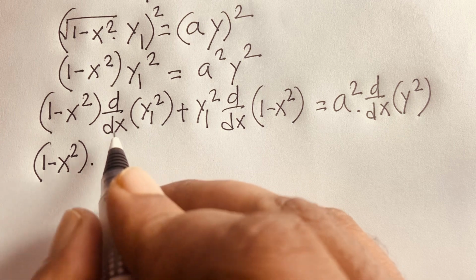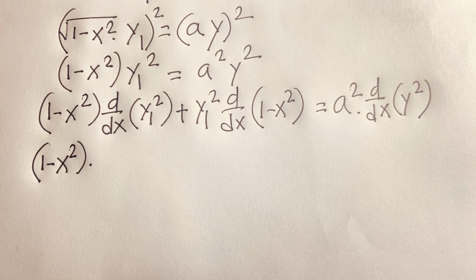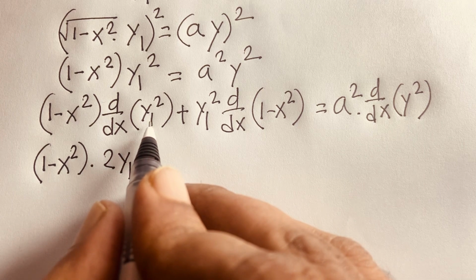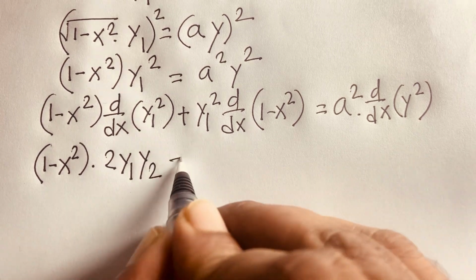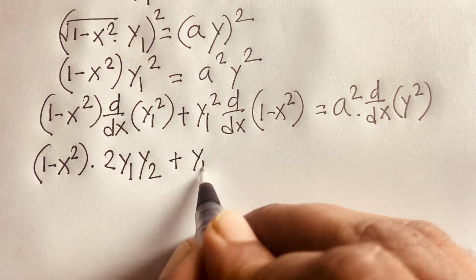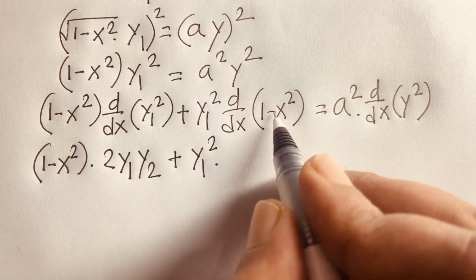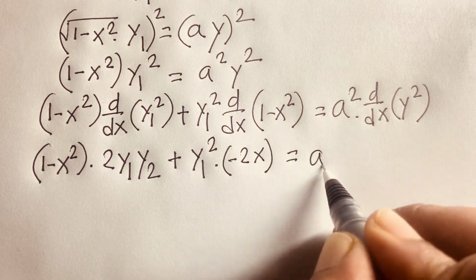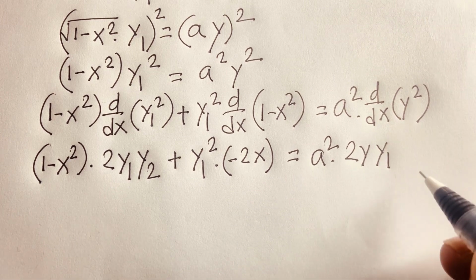According to the power rule, the derivative of x to the power n is n x to the power n minus 1. So the derivative of y1 squared will be 2 y1 y2, and the derivative of 1 is 0, and the derivative of minus x squared is minus 2x, equal to a squared, and the derivative of y squared is 2 y y1.